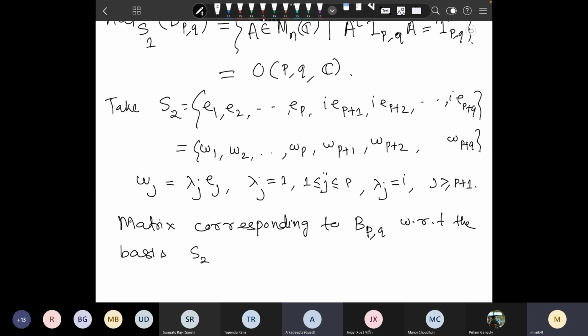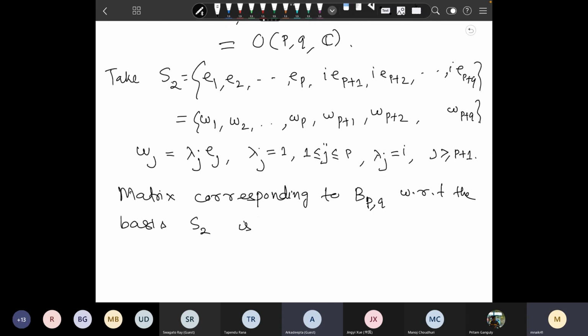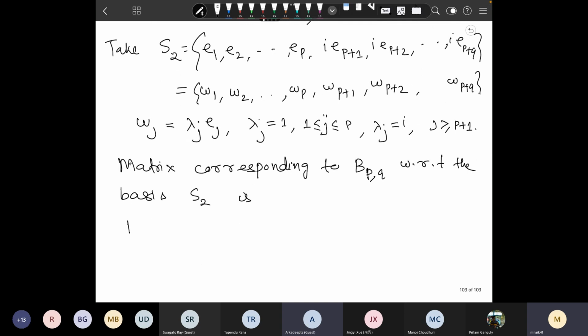I really want to calculate that. First, I have to compute B of Wj and Wk. So Wj is equal to lambda j Ej, so B(P,Q) of Wj and Wk is lambda j times lambda k.